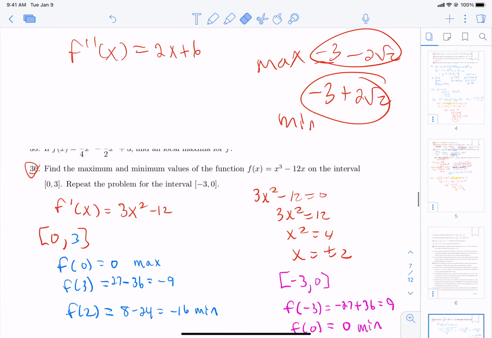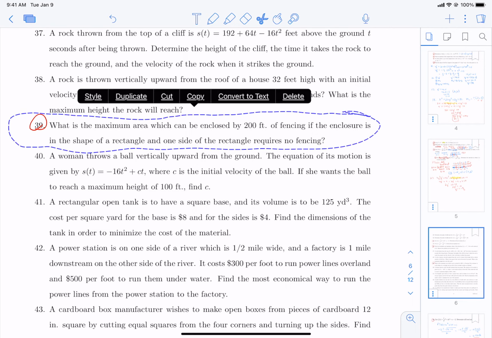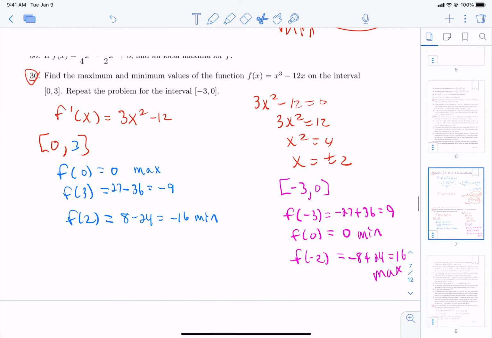That's from that page. Oh, 39. Let's do it. So if you're doing a maximum problem, whether it is a word problem or it is on an interval or it is on a regular thing, and a maximum, you might recall, is related to the first derivative.